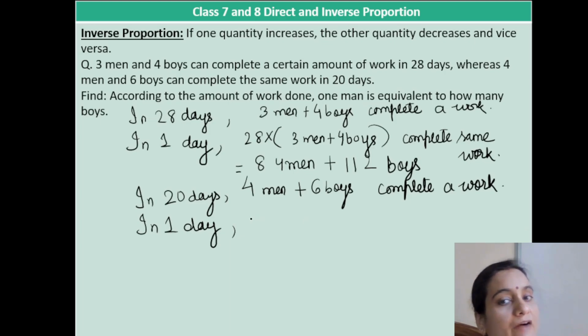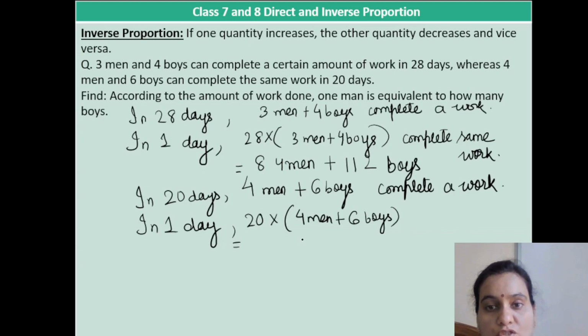Same as before, we have to multiply by 20, because if the number of days is more, the men and boys required are fewer. If we have to complete the same piece of work in one day, we need to multiply the number of men and boys by 20. So 20 into 4 men plus 6 boys will give us the required quantity.